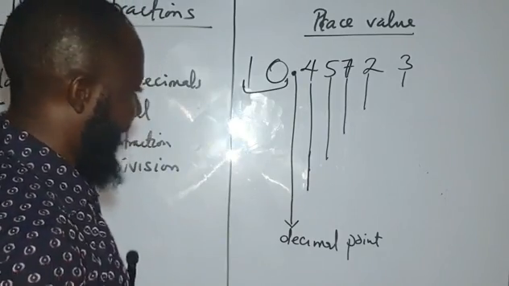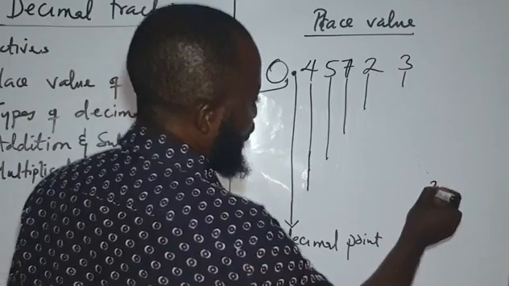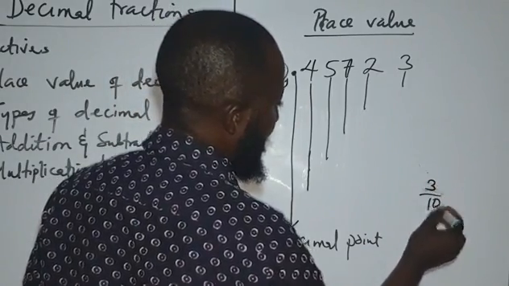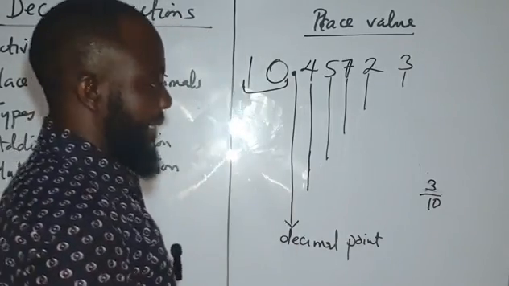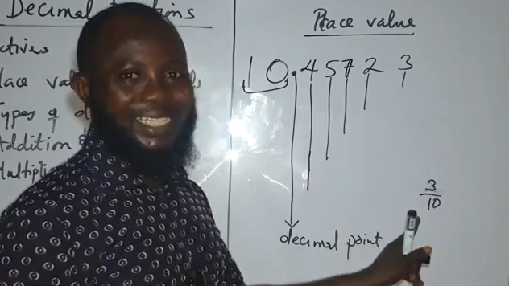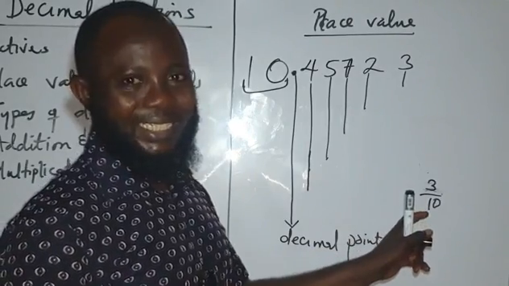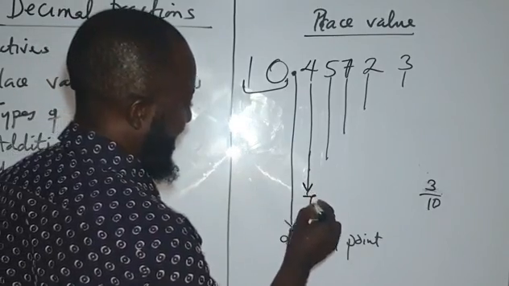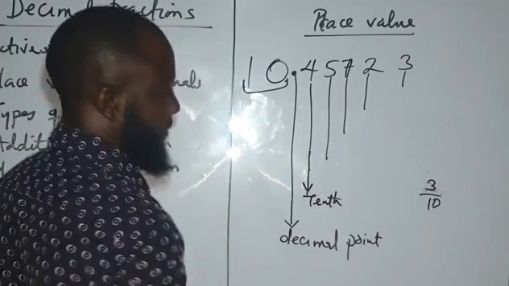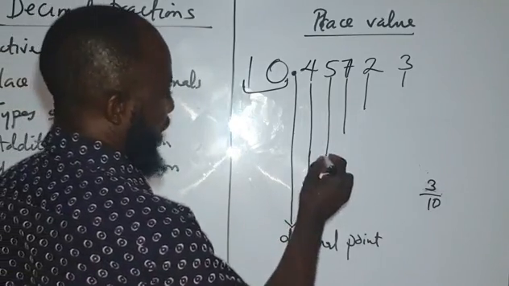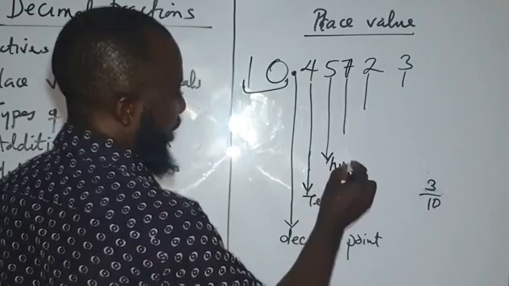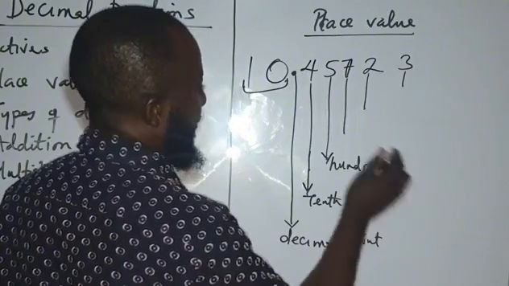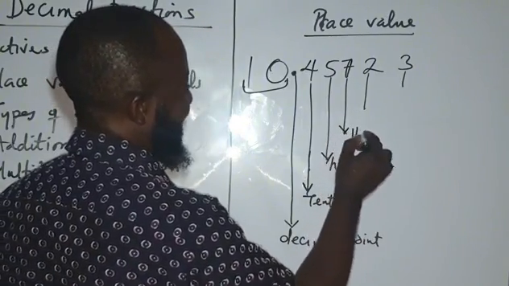For example, if I write 3/10, if I have to pronounce this, I'll pronounce that as 3 tenths, with TH at the back. So here, this will be tenth. The next one is hundredth. While the next one is thousandth.